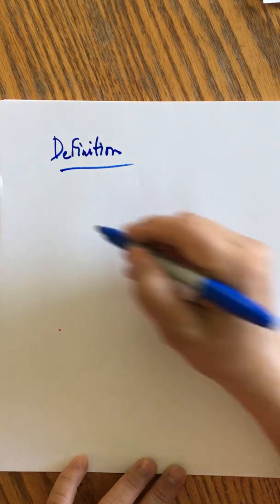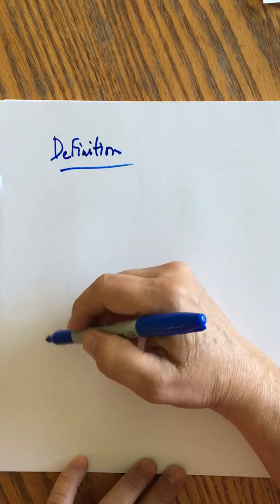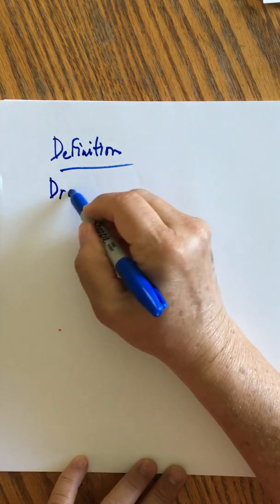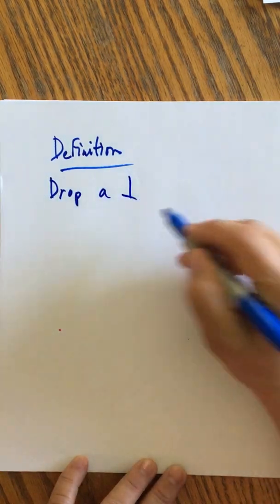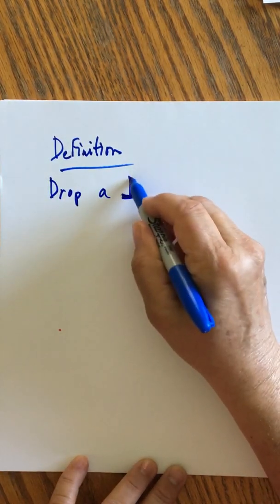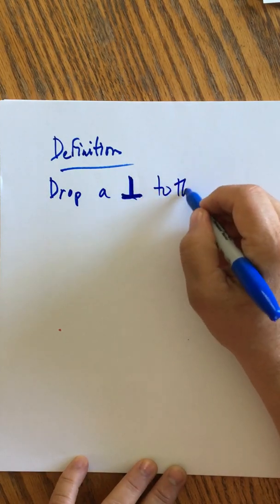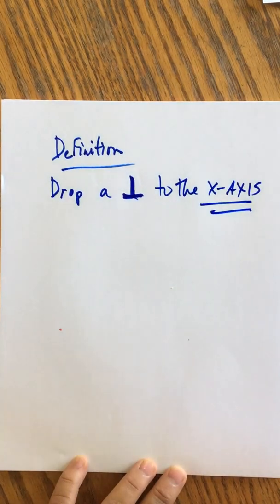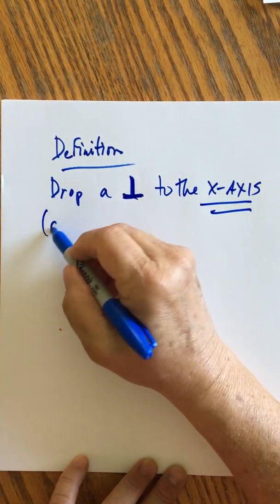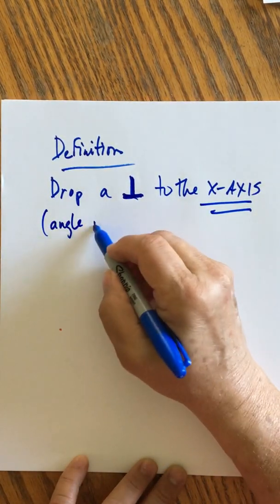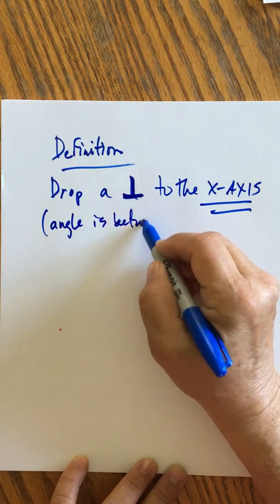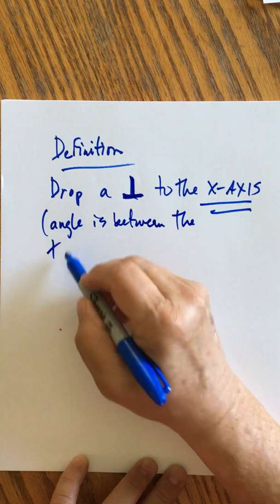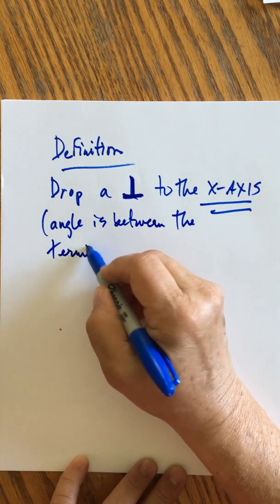You take whatever rotation you have, you drop a perpendicular line to the x-axis. And therefore the angle that you're going to work with is between the terminal side, that's where you stopped rotation, and I'll show you an example, and the x-axis.